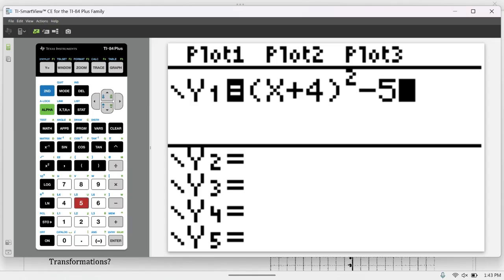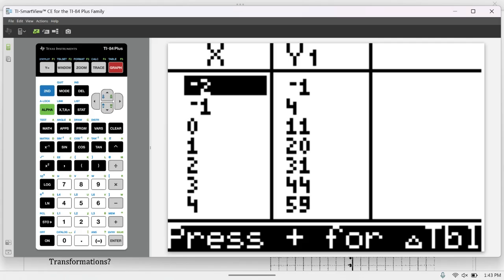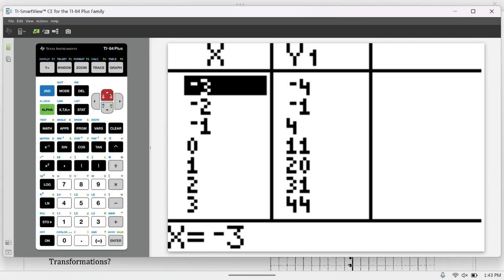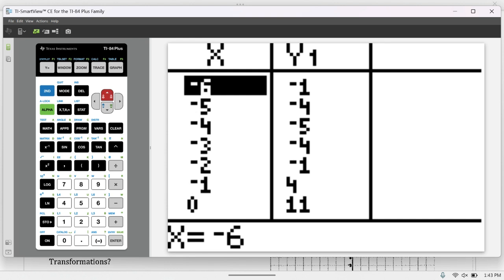And then who remembers how you make the table again? Second graph. So look through the table, use the up and down arrow keys, and see if you can figure out where the vertex is, where the y-intercept is, and the axis of symmetry.